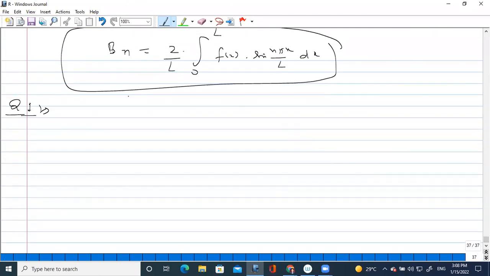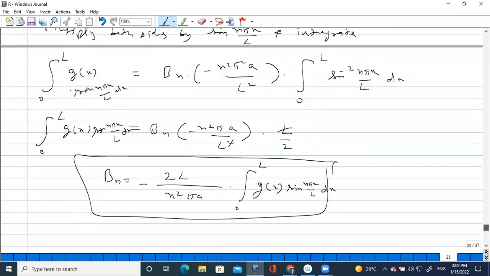Okay. So the question is... Sir, just one doubt. In this heat equation also, can we use that D'Alembert formula from yesterday's class to find u(x,t)? No, no. Only the wave equation can be used, right?